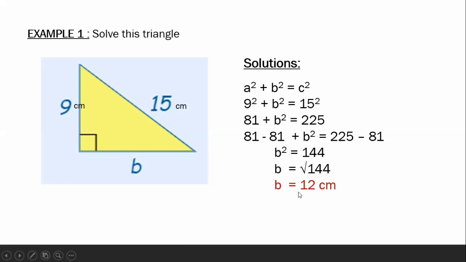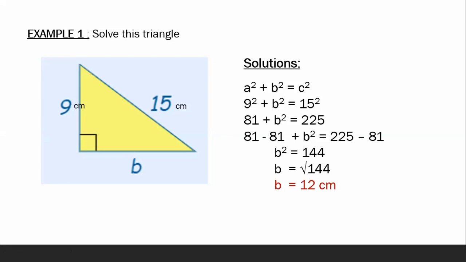If you are going to check if our answer is correct, all you have to do is to substitute all the given values and make sure that the sum of the two sides are equal. So 81 plus 12 squared, that is 144, that is 225, is equal to 225. Therefore, our answer is correct.